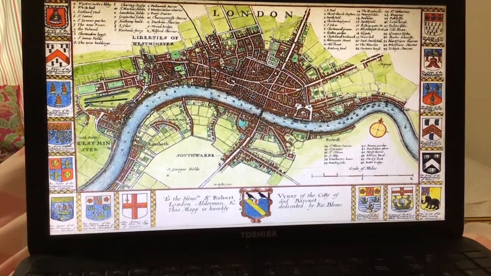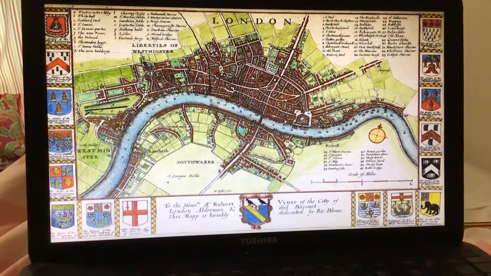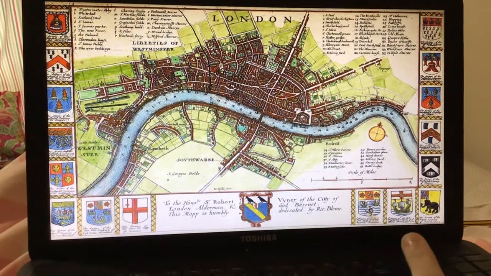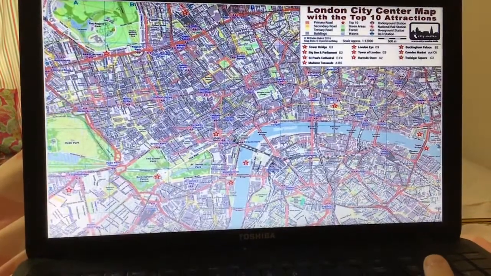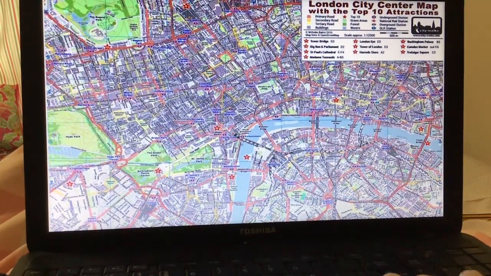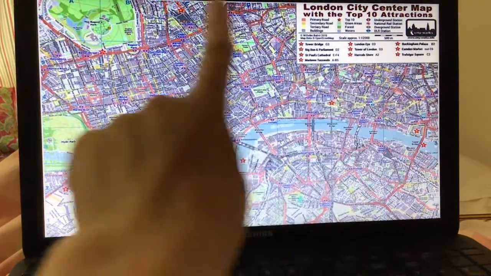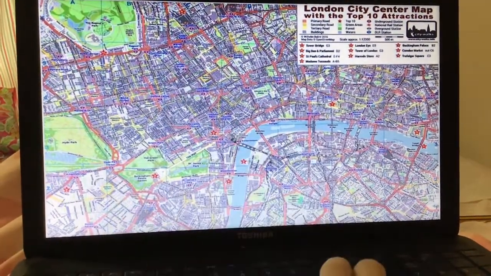What is different about London from the map? What's different about London in 1666 compared to London now? Have a think. Well, we've got lots and lots of buildings and roads.